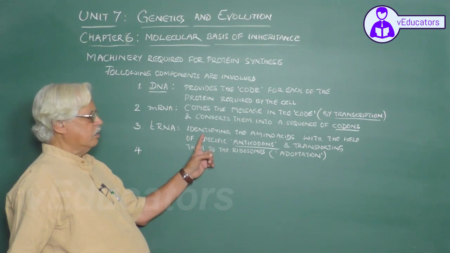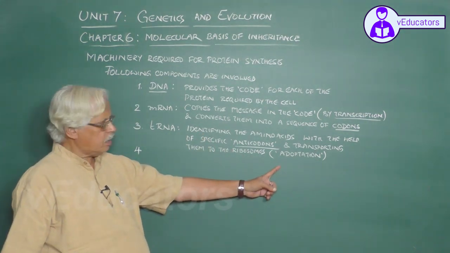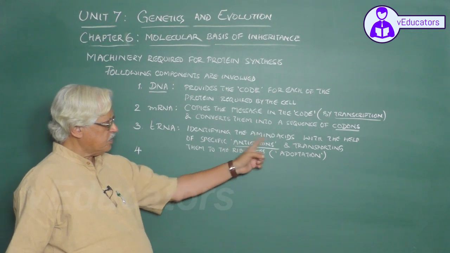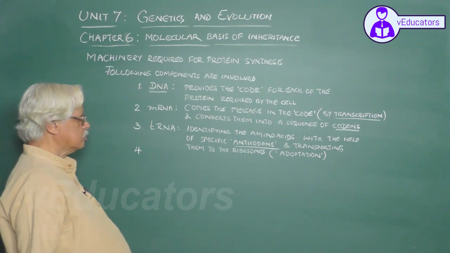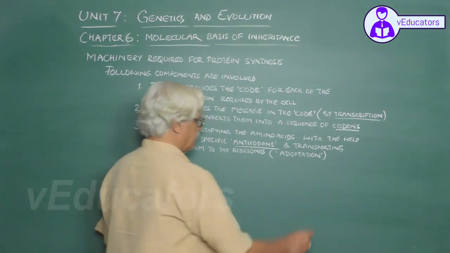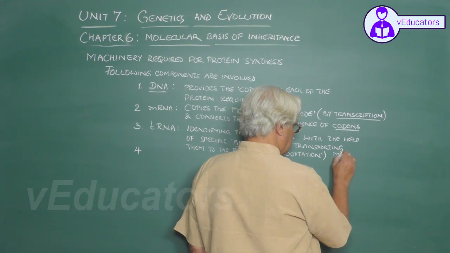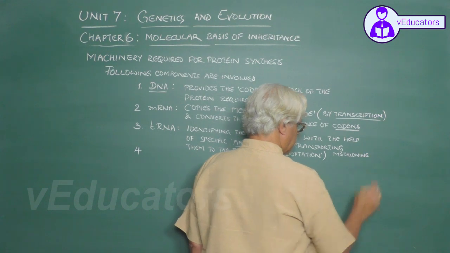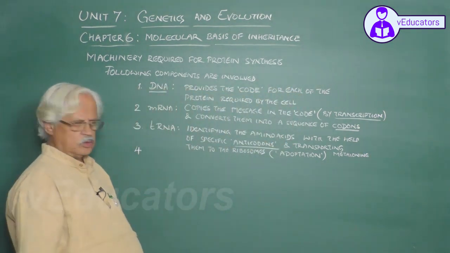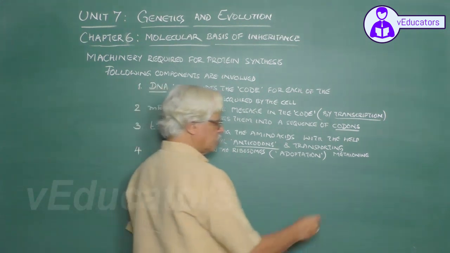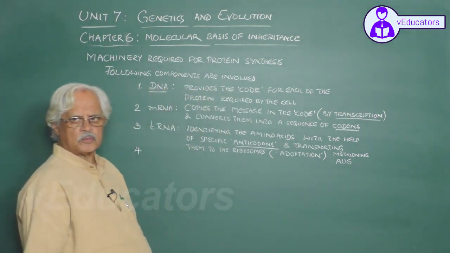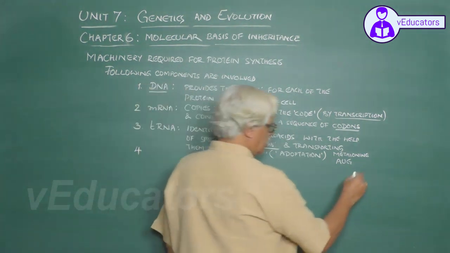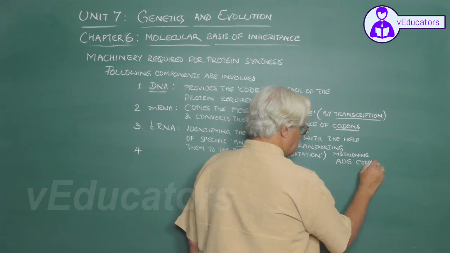Each tRNA molecule adopts a particular amino acid based on its anticodon. Suppose, for example, methionine is to be transported to the ribosomes. Methionine is coded by AUG. So AUG is the codon for methionine.